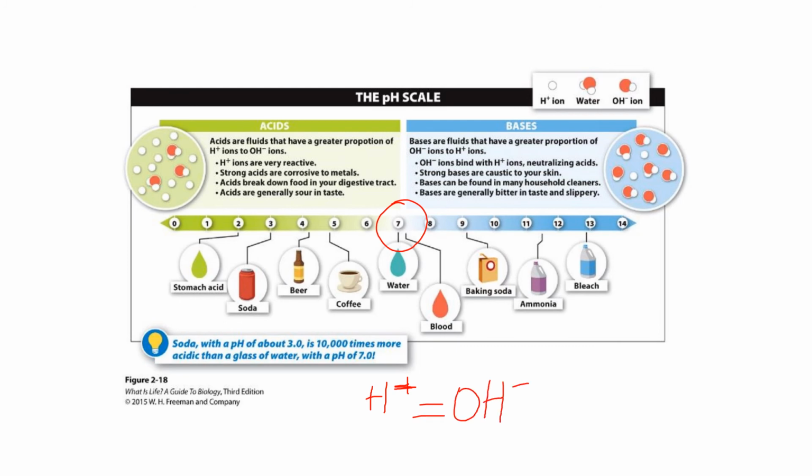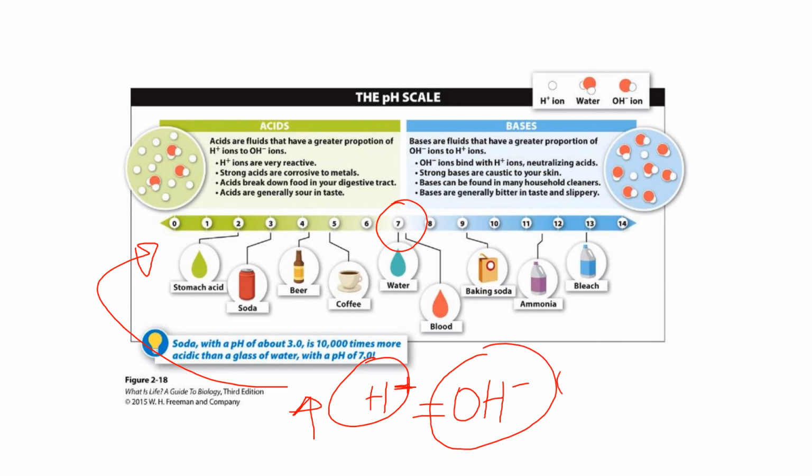You have the same amount. When you have the same amount of hydrogen ions and hydroxide ions, it's neutral: not basic and not acidic. If you have a high amount of hydrogen ions, your solution is acidic. If you have more hydroxide ions, your solution is basic. Once they're equal, it's neutral.